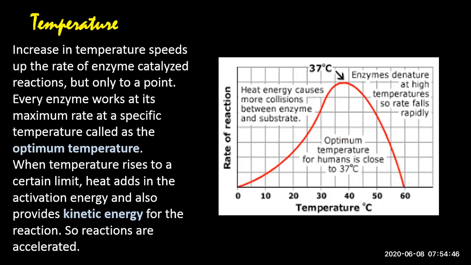Whenever temperature is increased in an enzyme catalyzed reaction, initially the rate of reaction increases. As soon as temperature increases, the speed of reaction increases, but only up to a certain point, which is called the optimum temperature. Let me tell you about this graph.